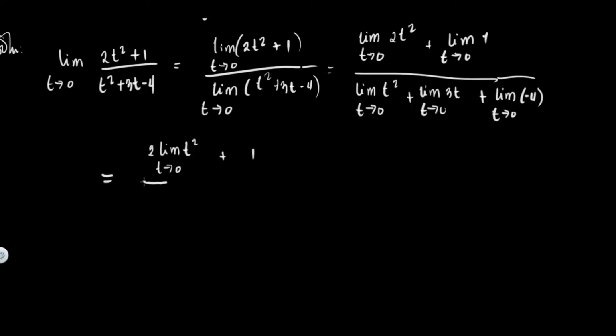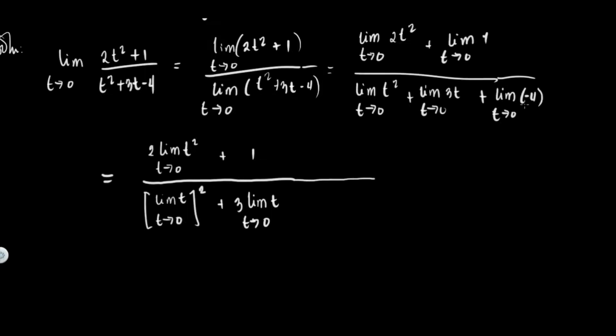Okay. All over, ito naman yung may power, no? So, ang ginagawa natin dyan, the limit of t as t approaches 0, then raised to power 2. Then, ito, constant and function ulit. So, labas yung constant, limit of 3, or t, limit of t, as t approaches 0.